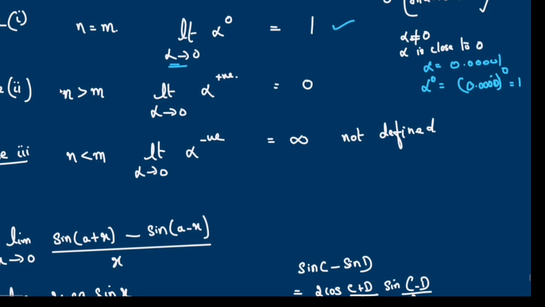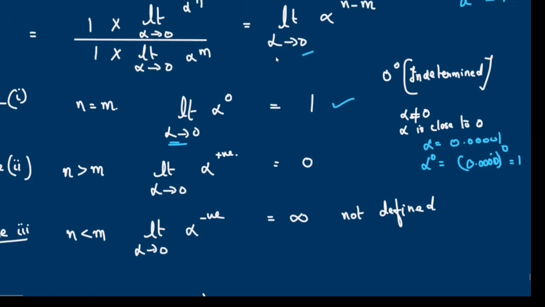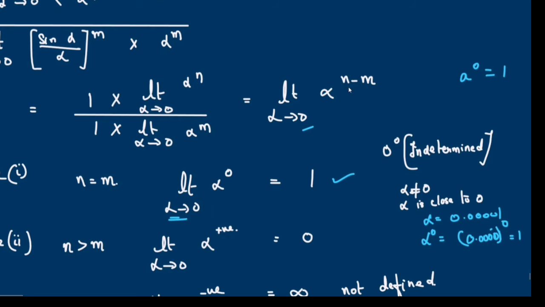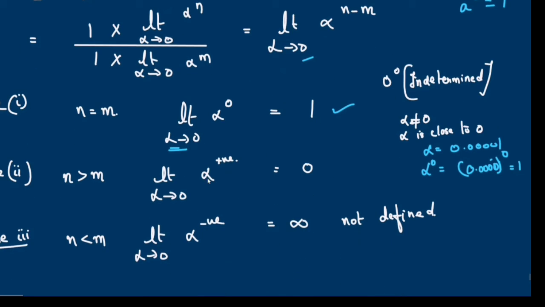If n is greater than m, what happens here? Suppose n is 5 and m is 2. So 5 minus 2 is a positive number. So alpha to the power any positive number. Your alpha is tending to 0, so alpha is some 0.0001 to the power a positive number. So what do you get?